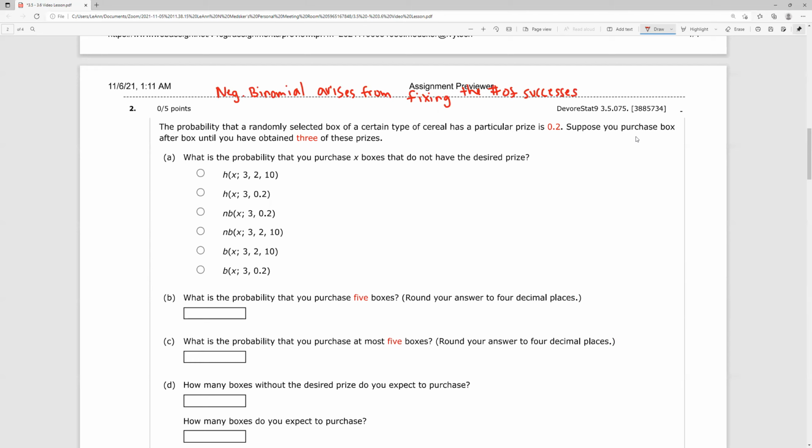Now, when you did a regular binomial, you had a fixed number of trials. So we're going to fix the number of successes desired by letting the number of trials be random.